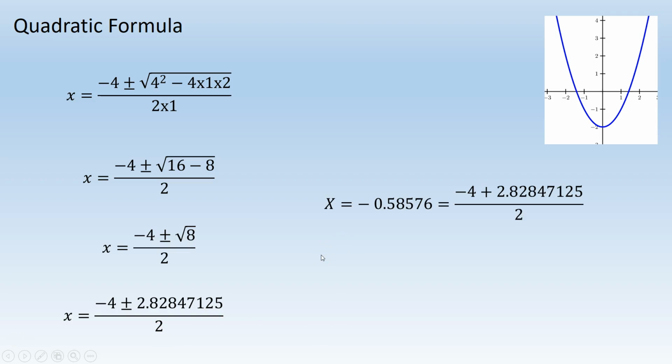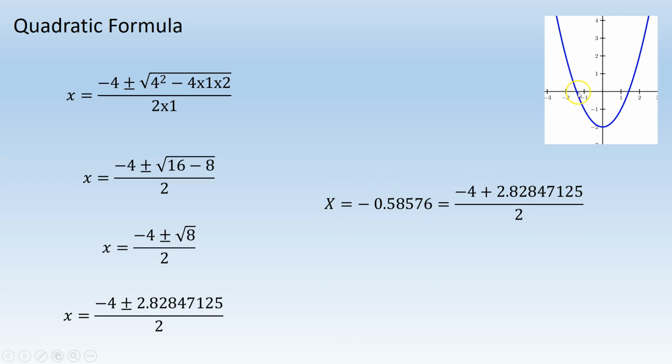So the first one is -4 plus 2.82847125 divided by 2. And that gives us minus 0.58576, and I think that's been rounded. So that's one value for x.